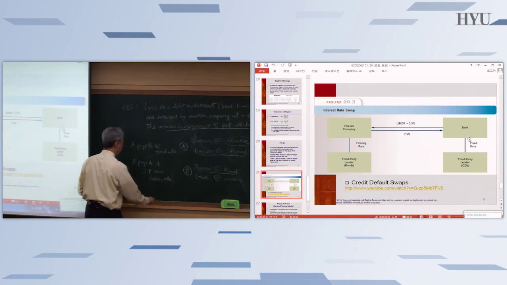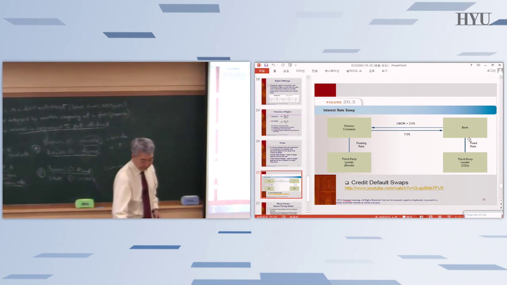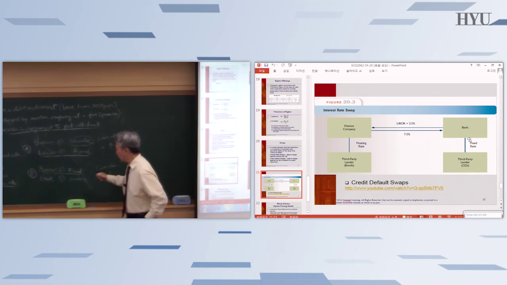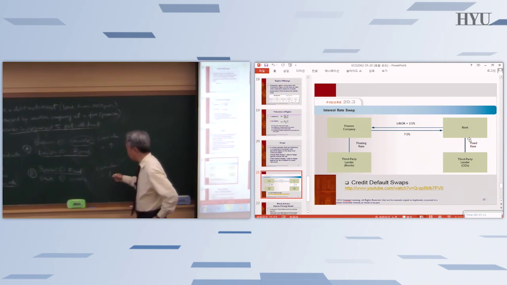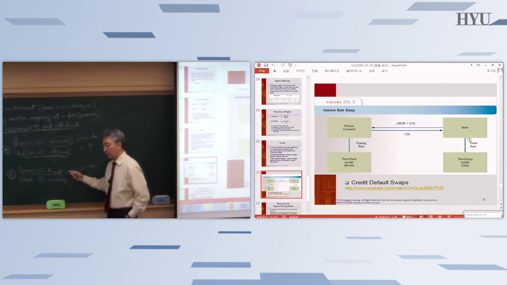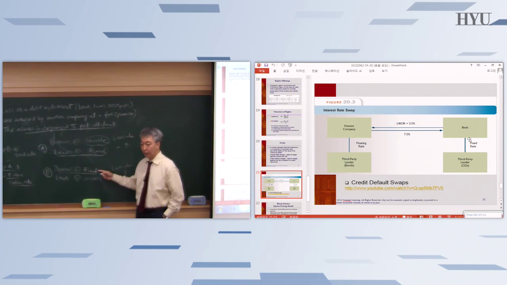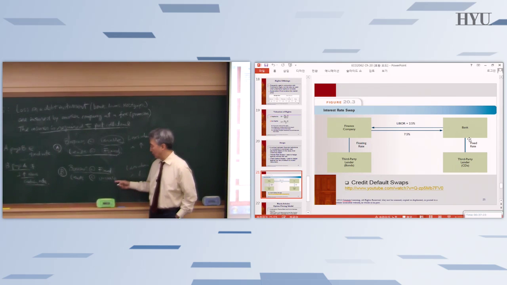Because again, B is the company that loses when the interest rate goes down, but when the interest rate goes up, they make money, because their borrowing cost is fixed, but they lend at a variable interest rate.